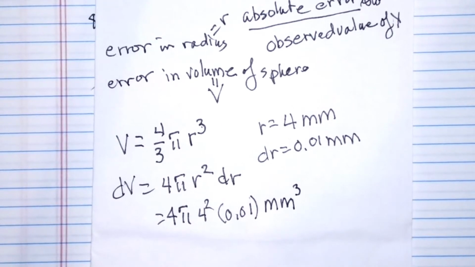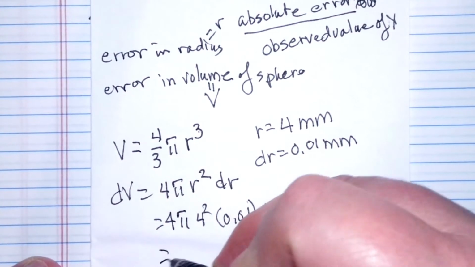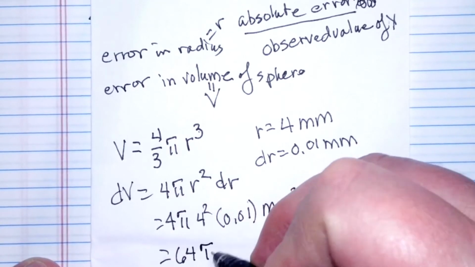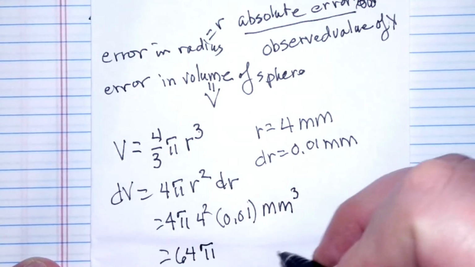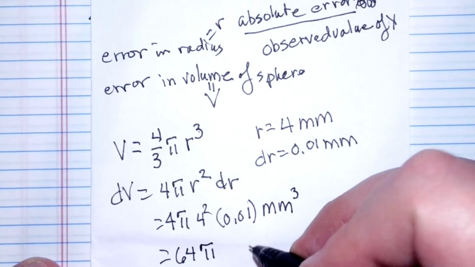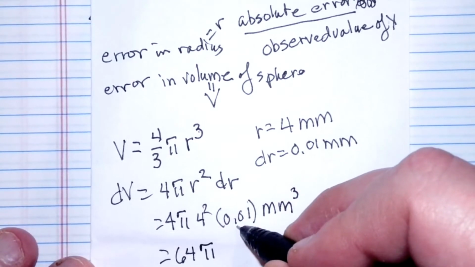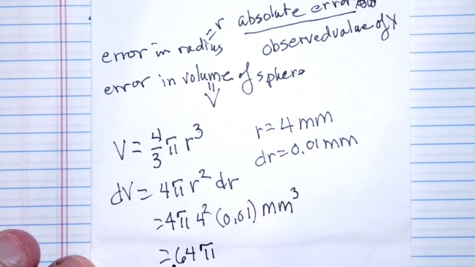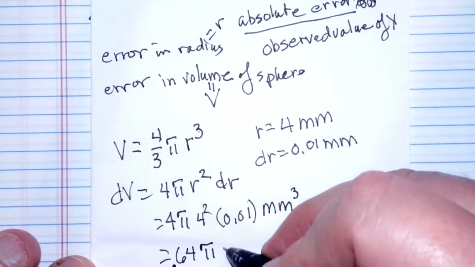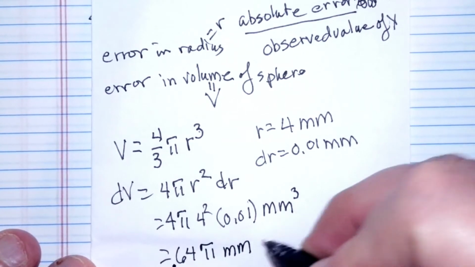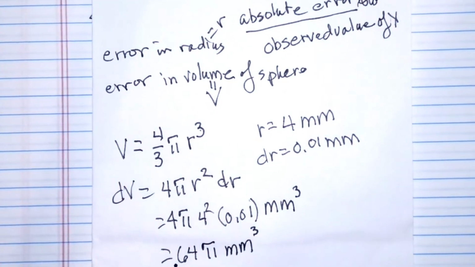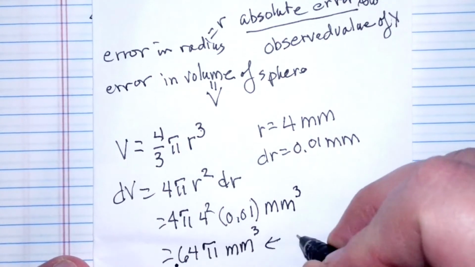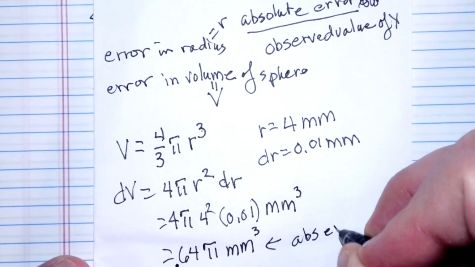Well, 4 times 4 is 16, times 4 is 64, so that looks like 64 pi. Now, let's see, I've got to include the 0.01. That's going to move the decimal point 2 places. So it's going to be 0.64 pi cubic millimeters, which is approximately 2 cubic millimeters, I believe. So this is the absolute error.